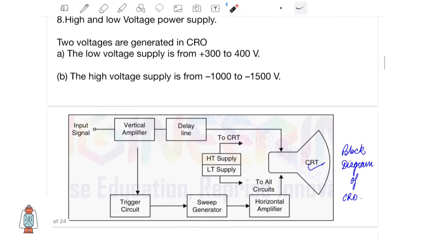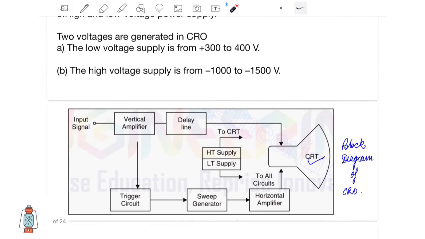Now coming to this point, here you are seeing two supplies are there. एक है high tension, HT is high tension supply, and the other one is LT, low tension supply.